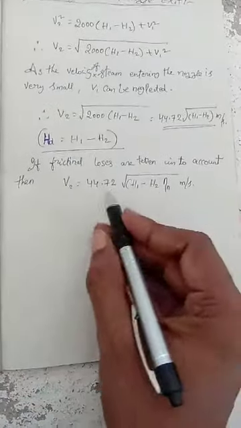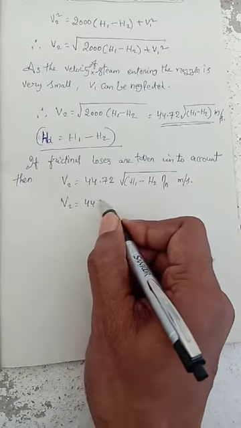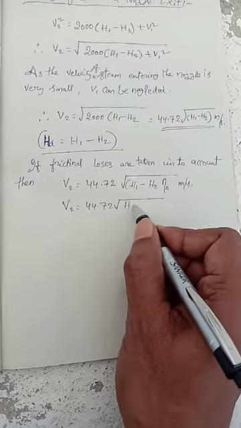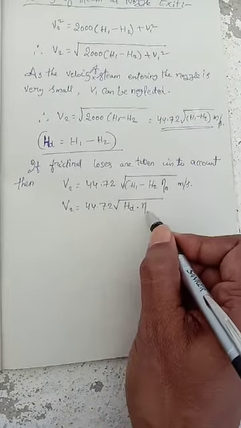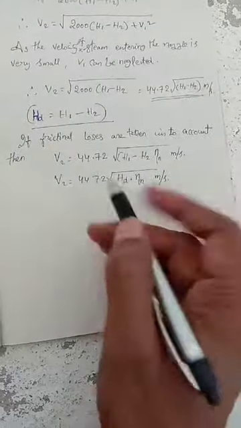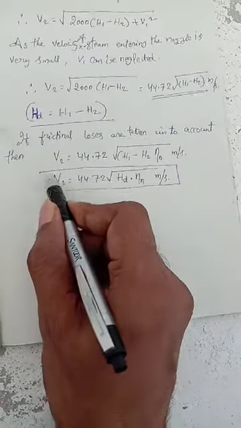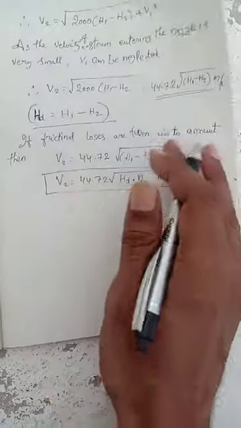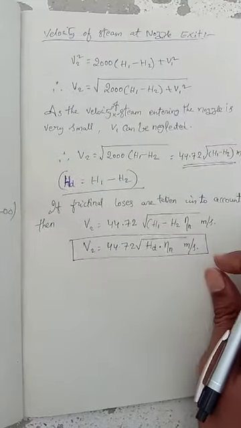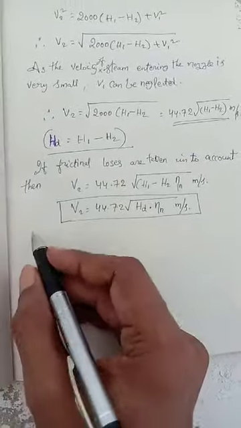Or otherwise you can write this equation as hd into efficiency of nozzle. Okay, this is the equation to find the velocity of steam at nozzle exit.